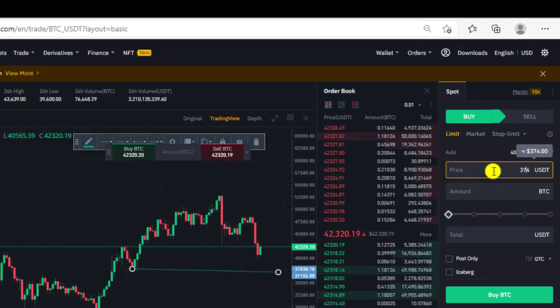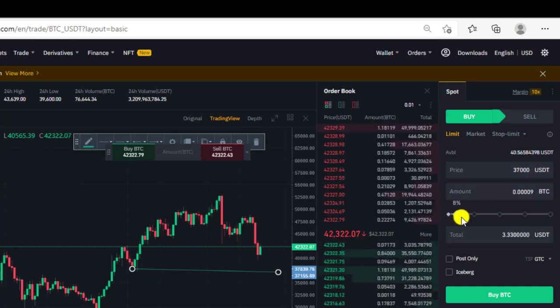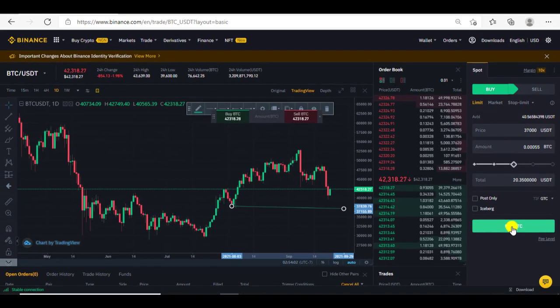So here in this box, we enter our desired price, which is 37,000. And by clicking buy BTC, the order is successfully placed.